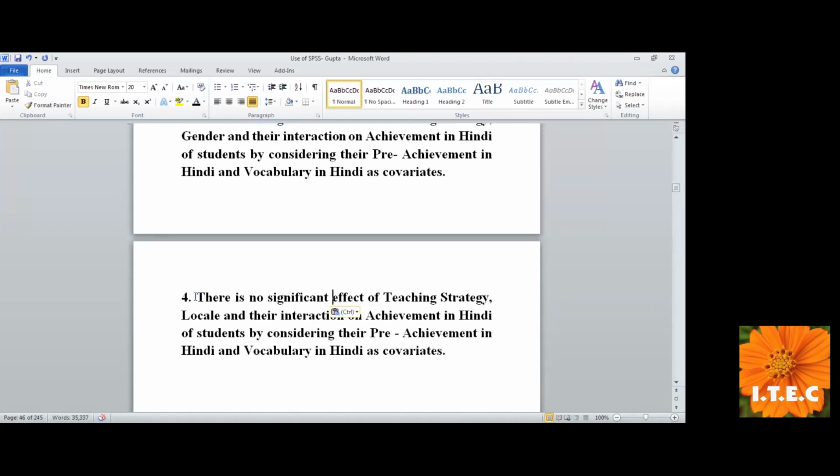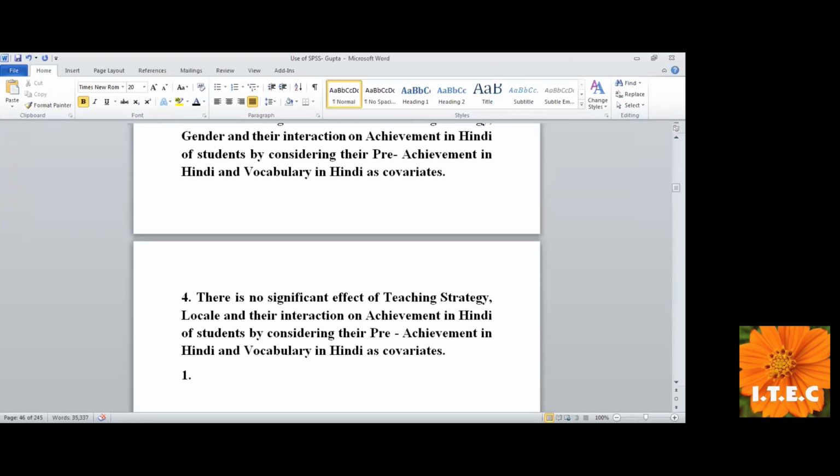And another is there is no significant effect of teaching strategy, locale, and their interaction on achievement in Hindi of students by considering their pre-achievement in Hindi and vocabulary in Hindi as covariates. If you want to write more, you can write more. The choice is yours. So this is how you should write.